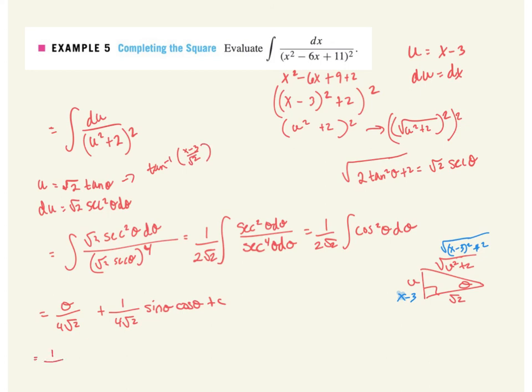So I have 1 over 4 root 2 tan inverse of x minus 3 over root 2 plus 1 over 4 root 2 times sine theta, which is x minus 3 over the square root of all that.